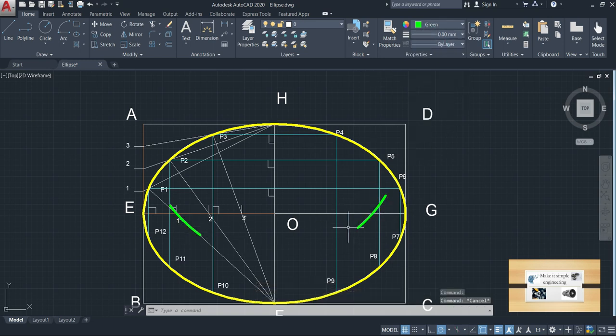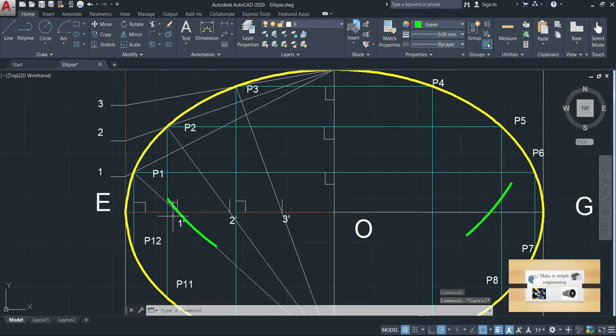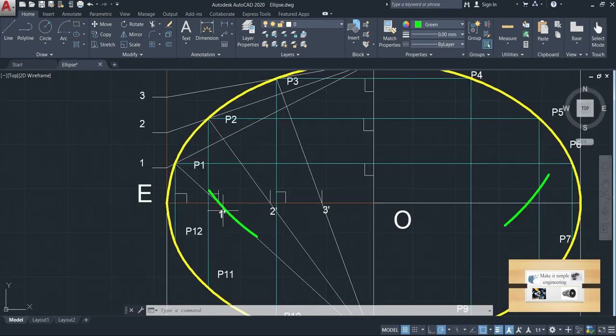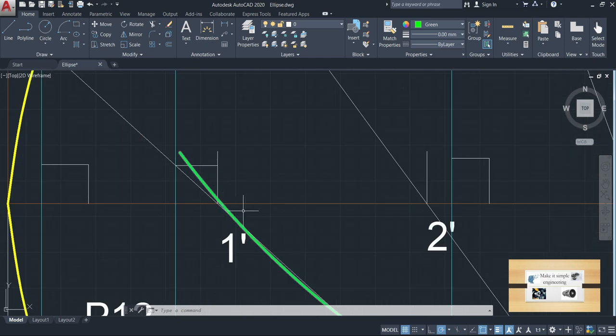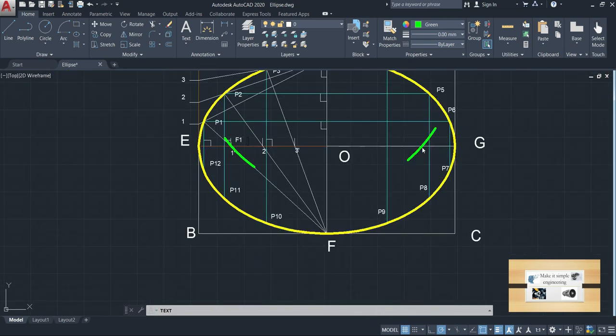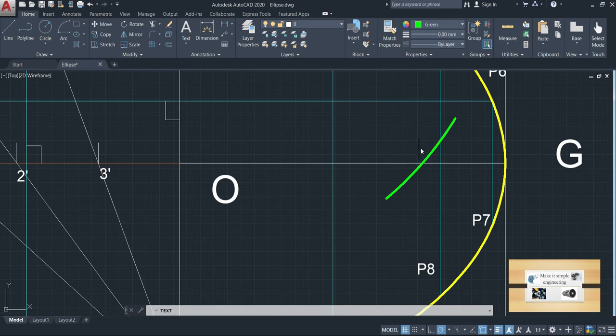These two arcs intersect the lines EO and OG. This intersection is considered as the focus. This is focus 1, and here focus 2.